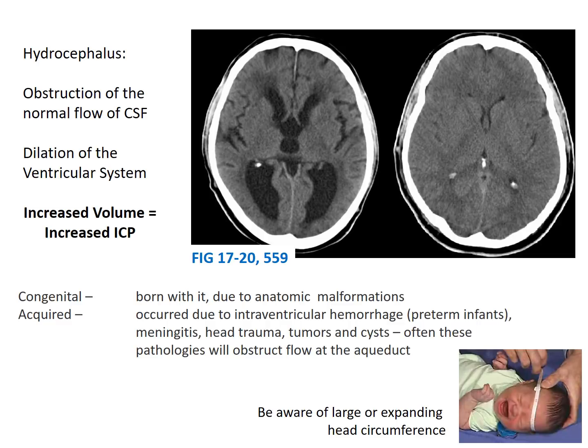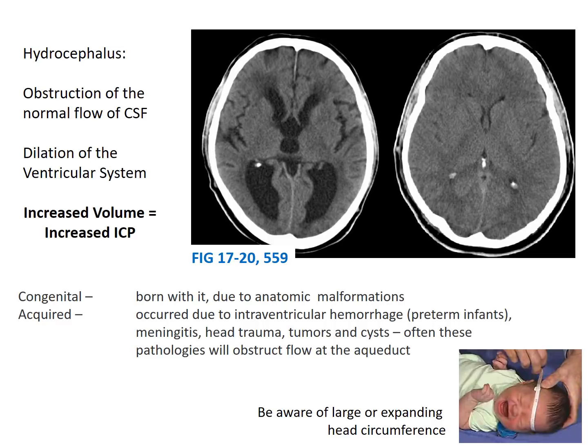As CSF accumulates, intracranial pressure rises, and the individual starts developing those symptoms of intracranial pressure. As CSF continues to accumulate and no interventions are done, we can start moving into those lethal effects, such as Cushing's triad, decerebrate posturing, and an eventual loss of perfusion and brain death.